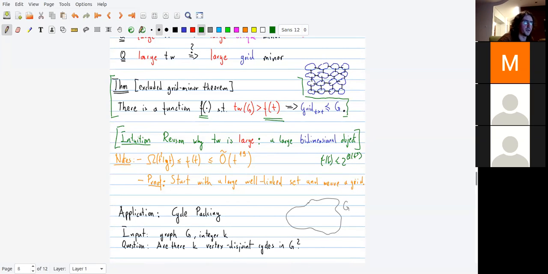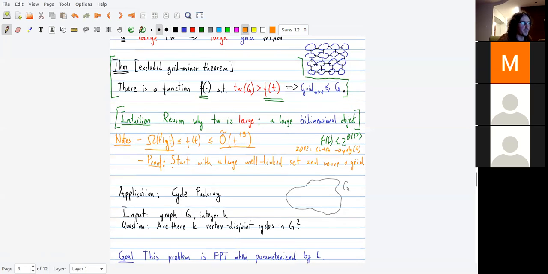For a long time, it was an open problem whether you can give a polynomial upper bound. And this was proved by Chandra Chekuri and Julia Chuzhoy in 2012, as far as I remember, who gave a polynomial bound. The currently best upper bound is t to the 19, as far as I remember, with some polylogarithmic factors. The best lower bound on how large the treewidth must be in order to certify a grid is t squared of t, and people actually believe that this is the answer, up to maybe some polylogarithmic factors.